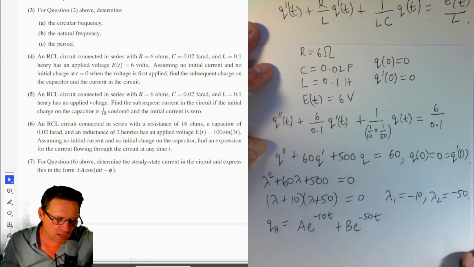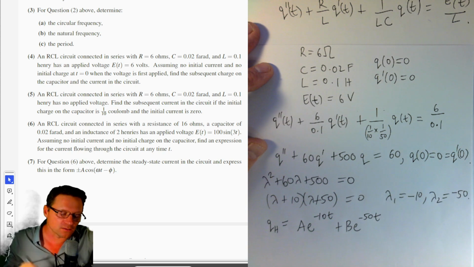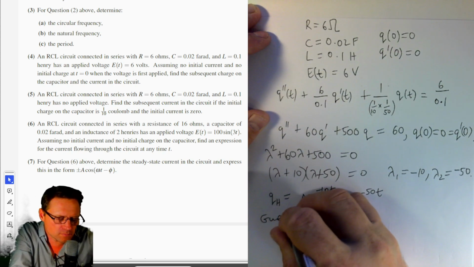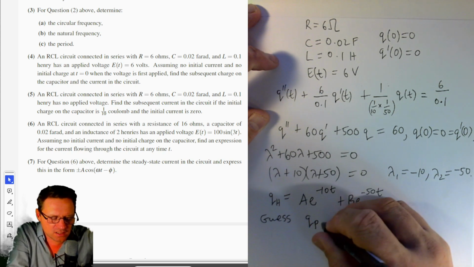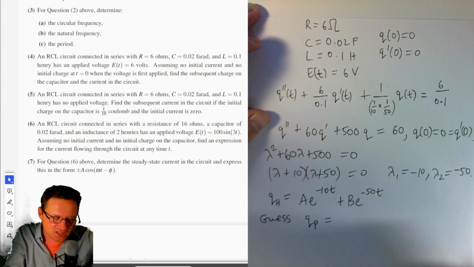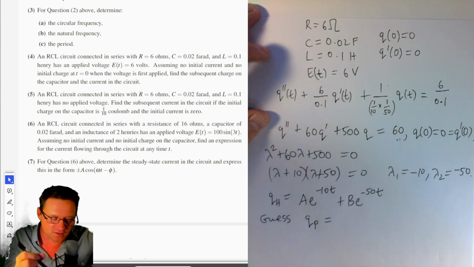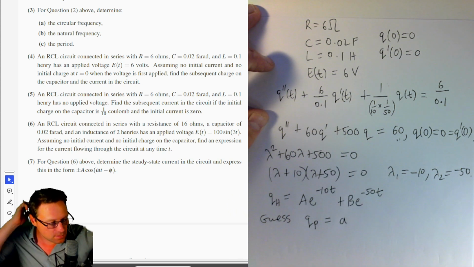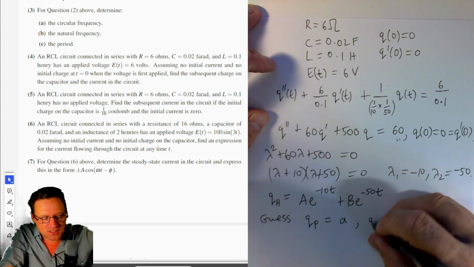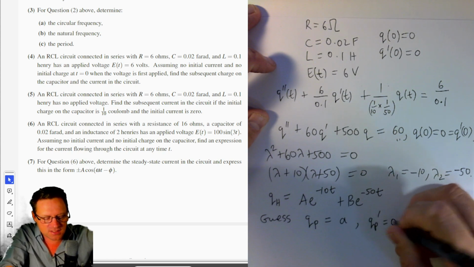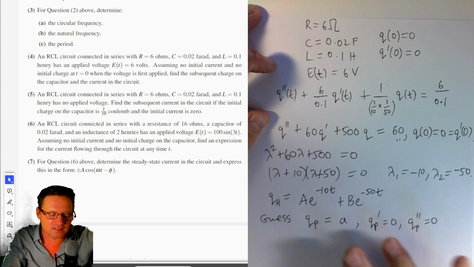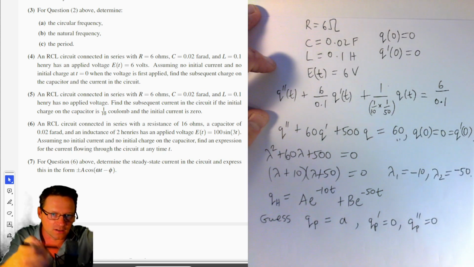Now we need q particular. So we'll guess q_p for particular equals just a constant, because we just have a number on the right-hand side. So let's call that lowercase a. Okay, and then we want to differentiate. So q_p' is 0, q_p'' is 0, and sub these into our differential equation up here.